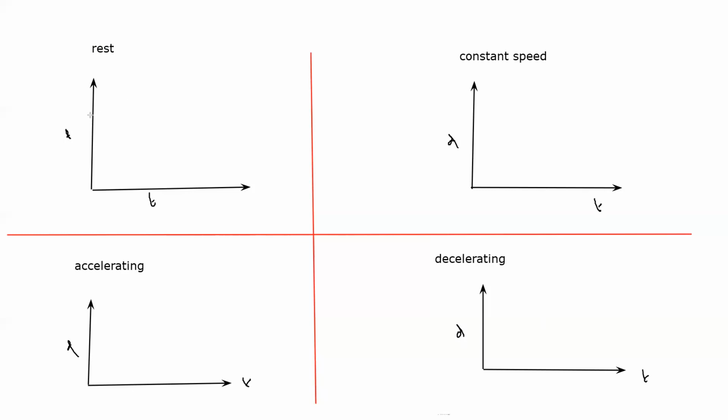If the object is at rest, then it will be a horizontal line. It can be a horizontal line above the origin or on the origin. If it is moving with a constant speed, it will be a straight line. If it is accelerating, the slope, the angle of the line will increase. And if it is decelerating, the angle of the line will decrease.